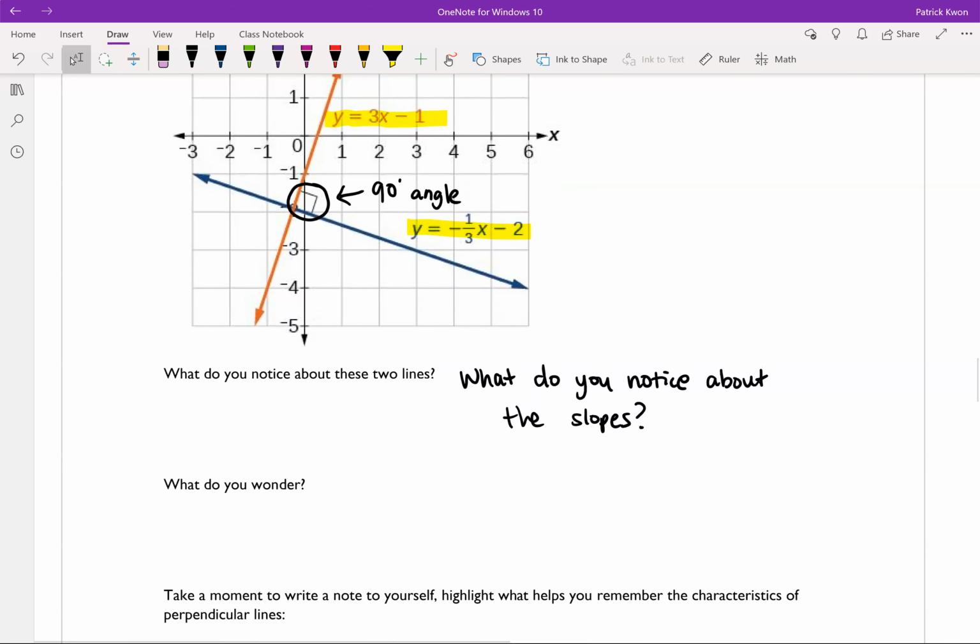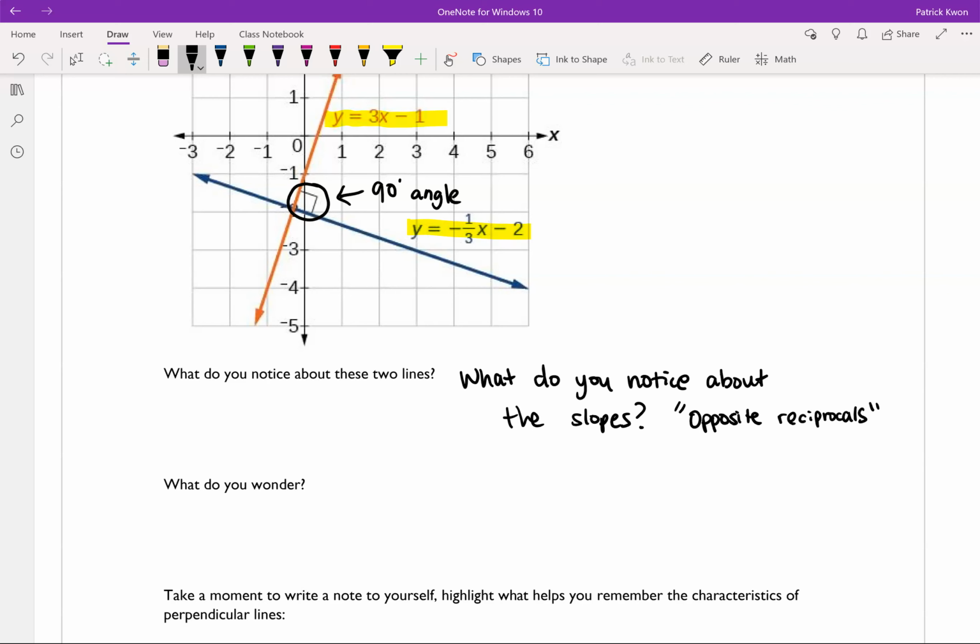What's different about these slopes or how they're related to each other is that they are what we call opposite reciprocals. That just means that they have the opposite sign. So one of them is positive and one of them is negative.